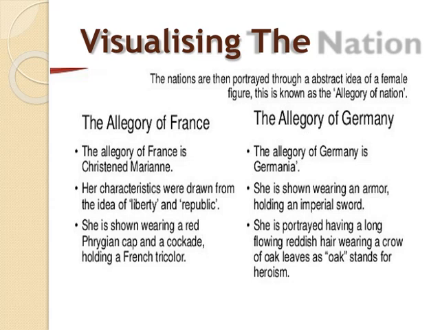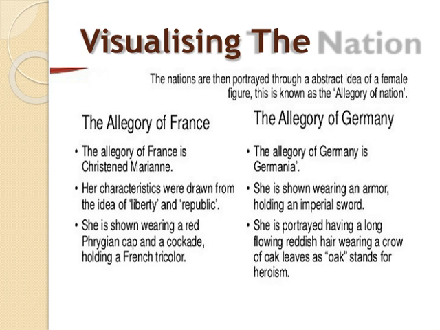Let's take a moment to explore the concept of visualizing the nation. This is all about how we can represent the identity, culture, and values of a country through various visual means. When we talk about visualizing the nation, we're referring to maps, images, symbols, and other visual tools that help us understand and interpret what a nation stands for.